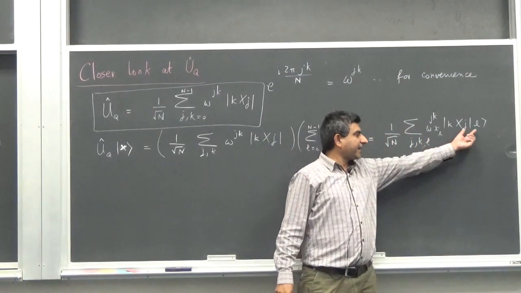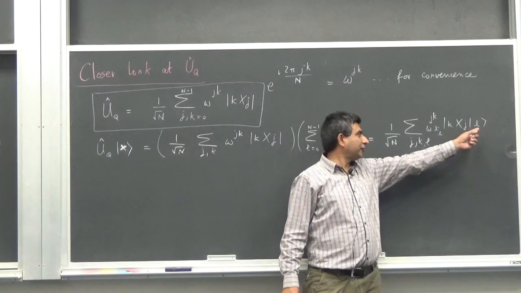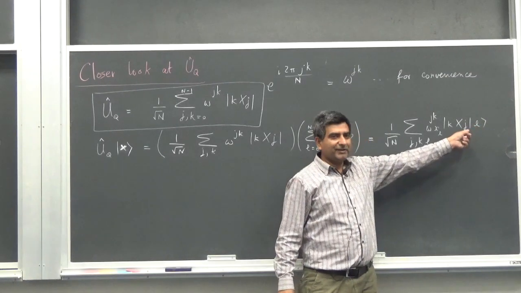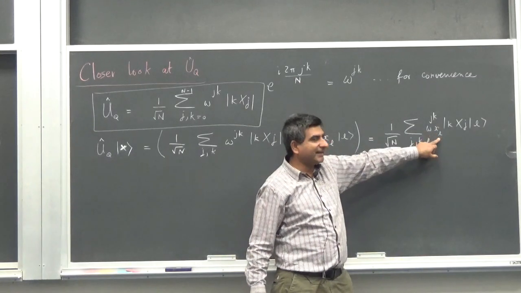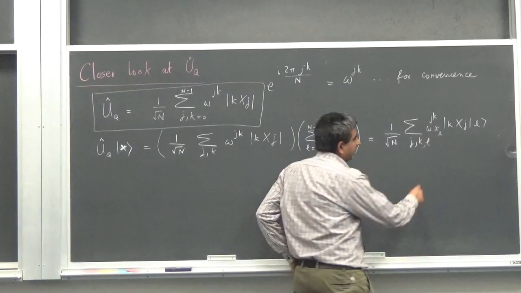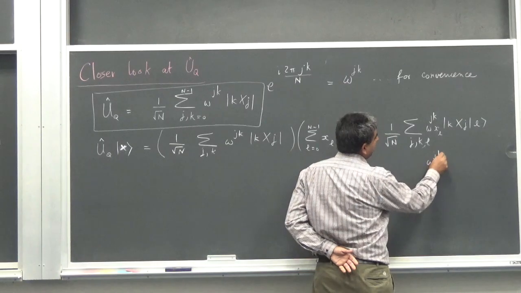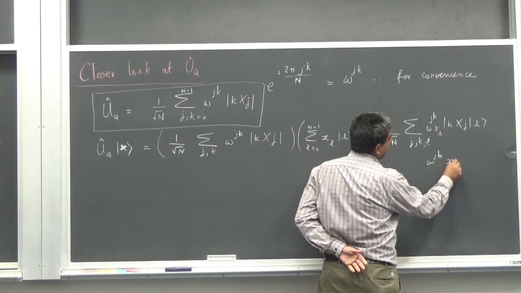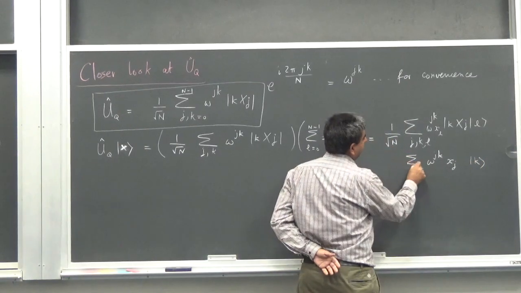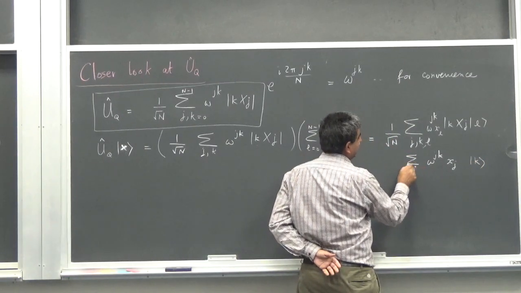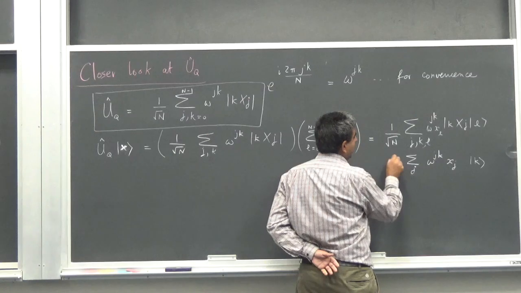But this is a Kronecker delta function which is non-zero only when L equals J. So I can remove the sum over L and replace this xL with an xj. So I get omega jk xj ket k.